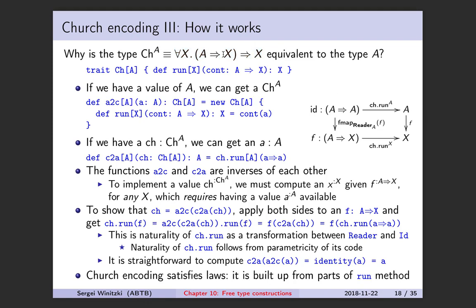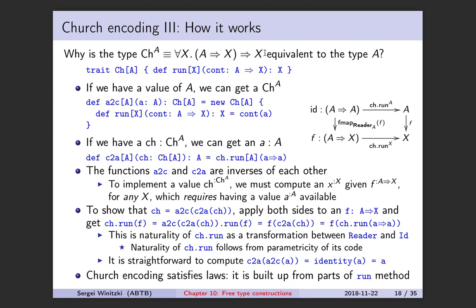This type says this is a fully generic function, which is a natural transformation from this functor to this functor. I'm not allowed to look at the code of x, at the type of x. I'm not allowed to use reflection, for instance, or any other information about the type of x, or the value of anything. I'm supposed to be completely generic.